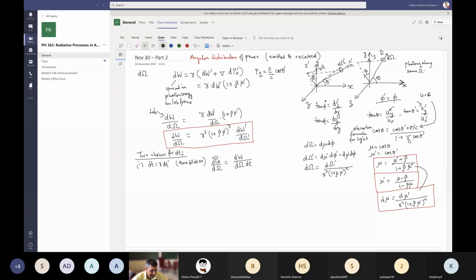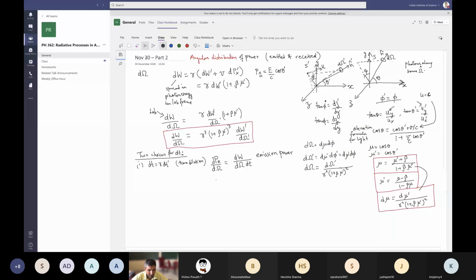So this is related to the emission, or emission power, or power emitted.